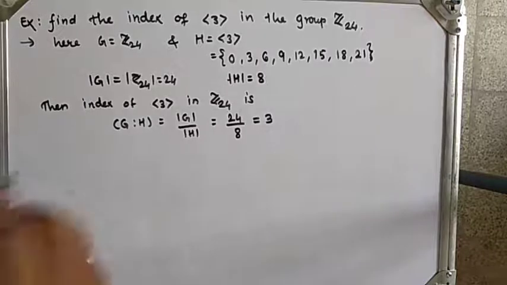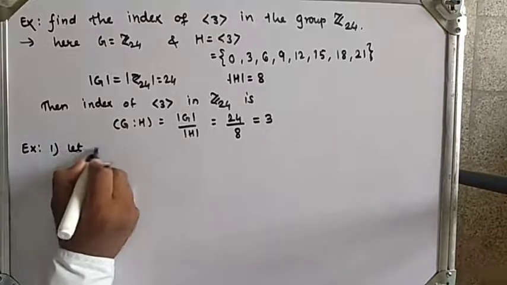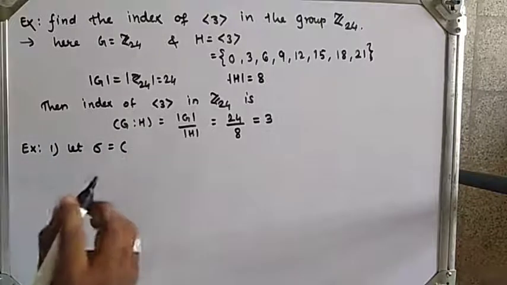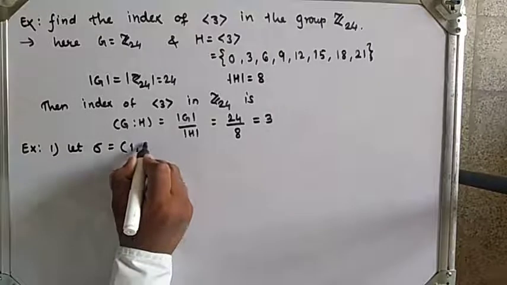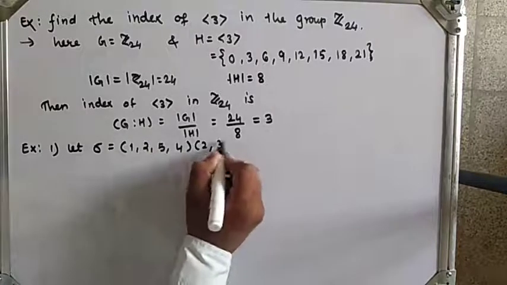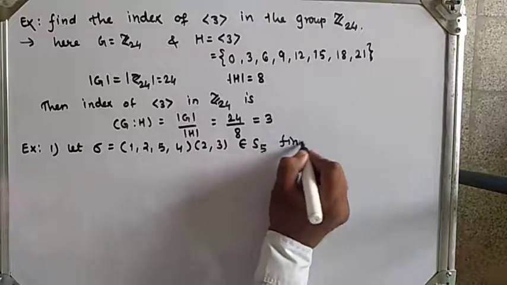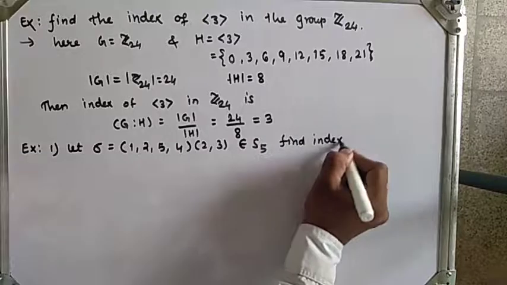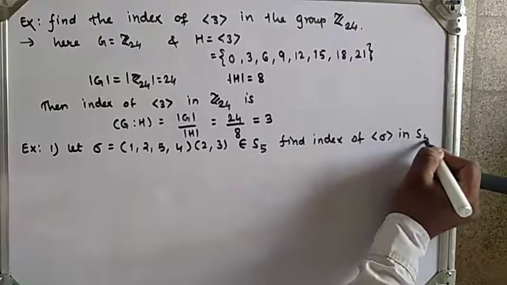Let's see another example. Let sigma be given as a product of cycles: (1 2 5 4)(2 3), which belongs to S5. Find the index of sigma in S5.